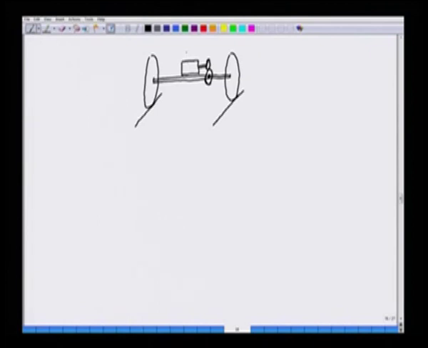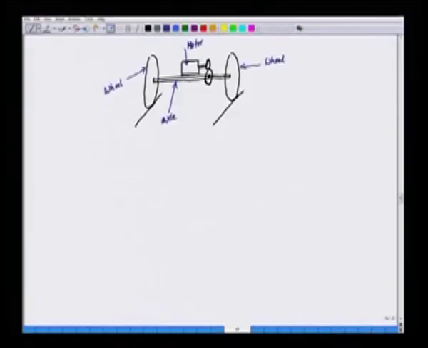So, this is the electrical motor that we have, and this is the axle, and these are the wheels, another wheel. Now, we can have multiple axles, we can have one more axle.